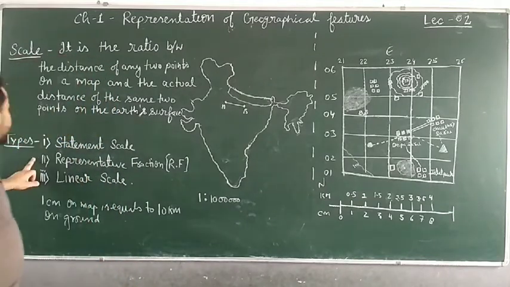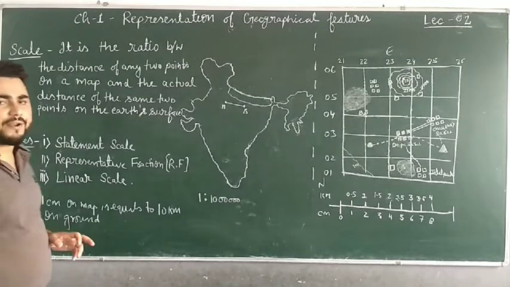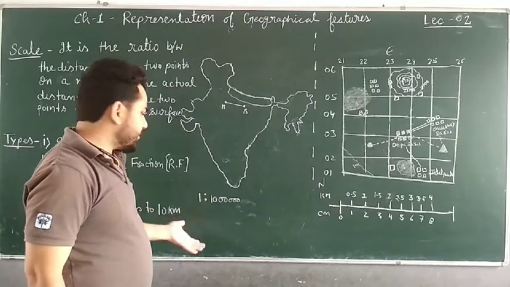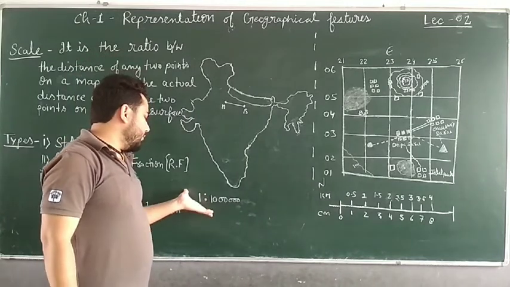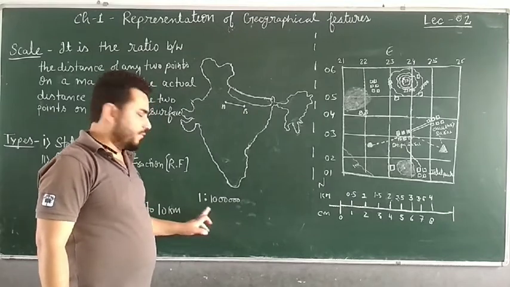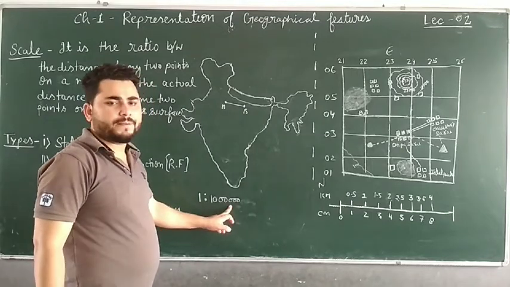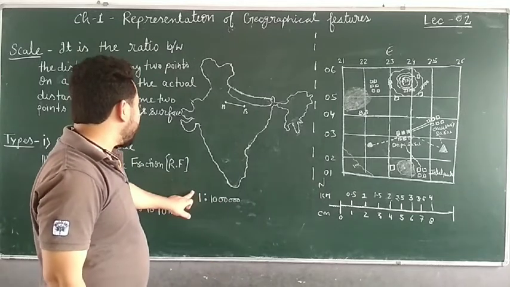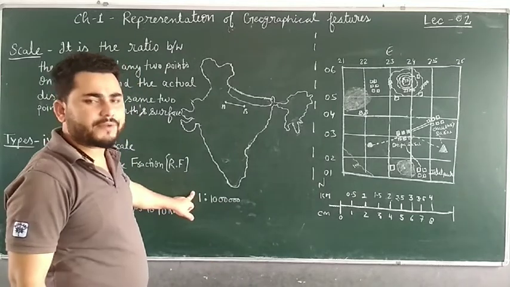Then the second scale is representative fraction (RF). In maps, you see at the bottom something like this is written: 1 is to 10 lakh. This type of scale is called representative fraction.